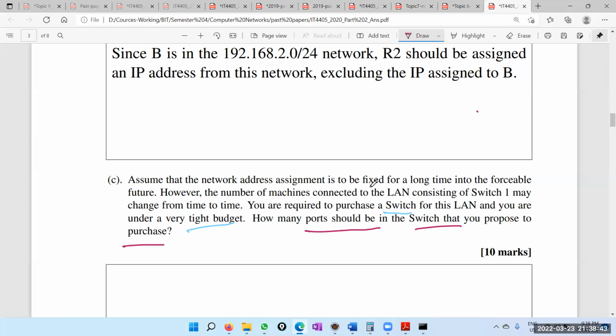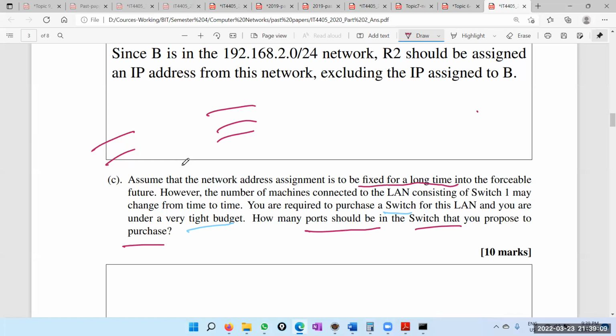Fixed for a long time into the foreseeable future. However, the number of machines connected to the LAN consisting of the switch may change from time to time. Of course, that is okay. So sometimes only 10 computers are connected, sometimes 20, but just because we have a different number of computers, it doesn't mean that we can change the IP address.